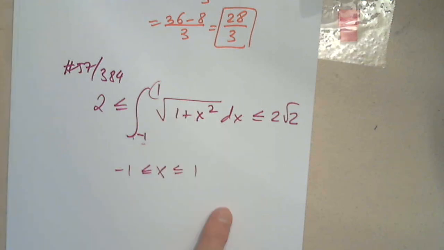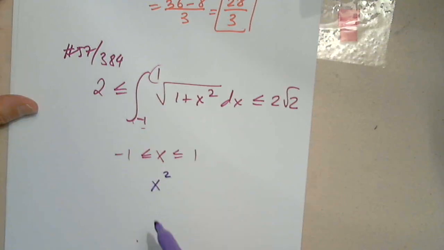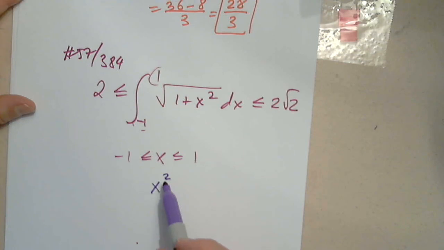However, I know that if x is between negative 1 and 1, then x squared will be a positive number.